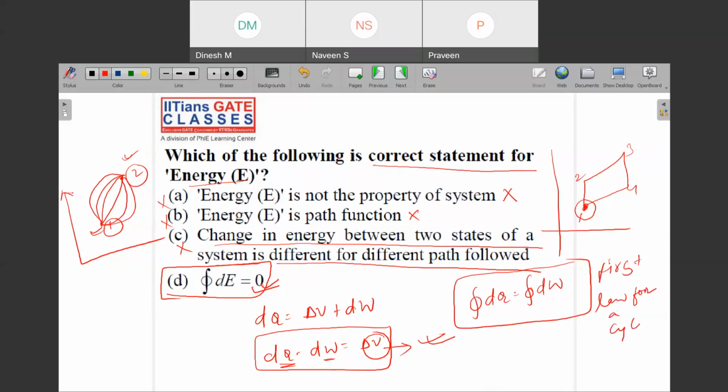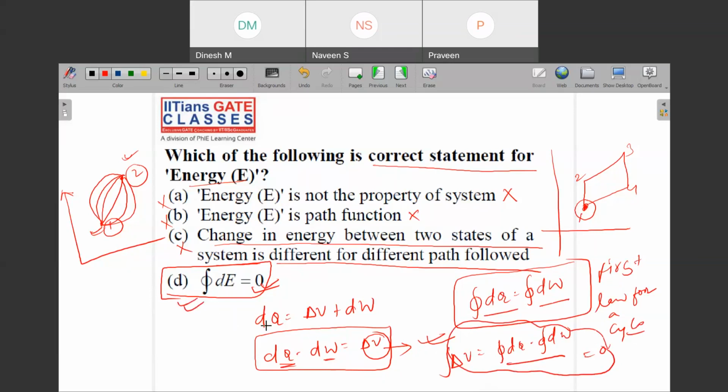Delta U is the difference between these two, so let us find the difference, and since these are equal, this becomes 0. So the cyclic integral of dU is 0.